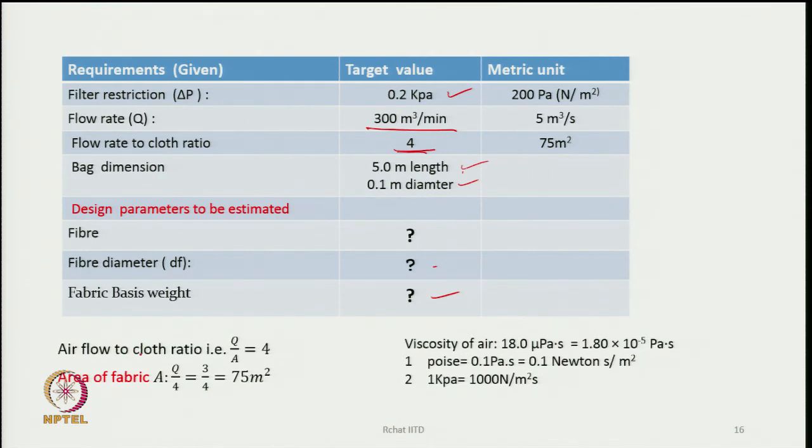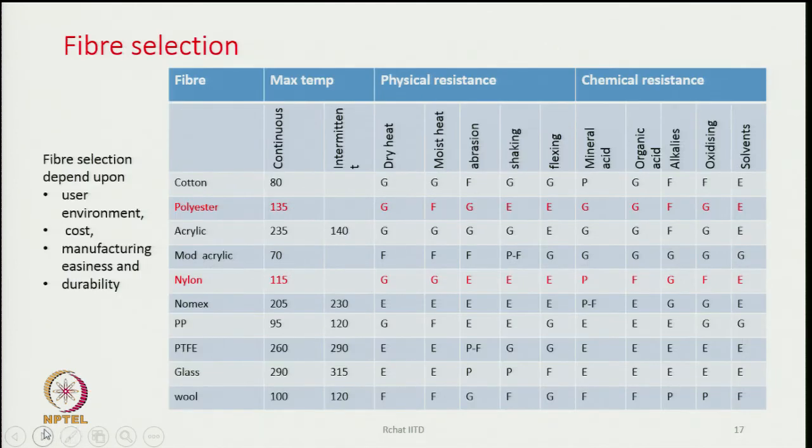So, the air flow to cloth ratio given is 4, that means the area of the fabric required is going to be 75 meter square. Q by A is equal to 4, therefore, A is going to be Q by 4, that is 300 by 4, 75 meter square. So, this is the first thing we need to know, and then when it comes to fiber selection, we make use of such a table.